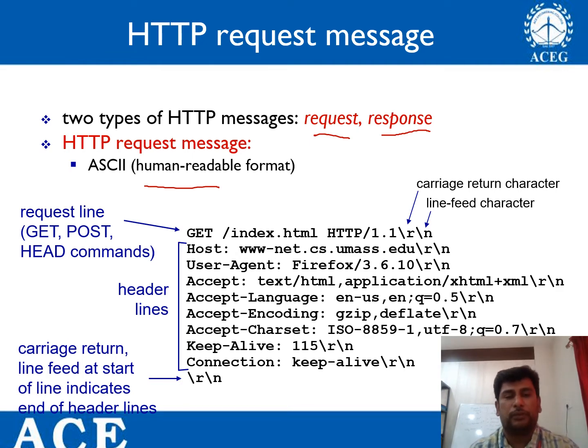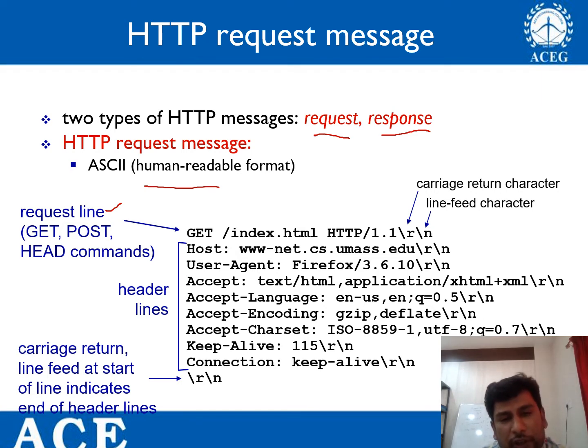So here, let's have a quick look at the different fields. The first line in our HTTP request is called the request line, and here we can have different types of requests like GET, POST, HEAD and DELETE. When do we use GET?